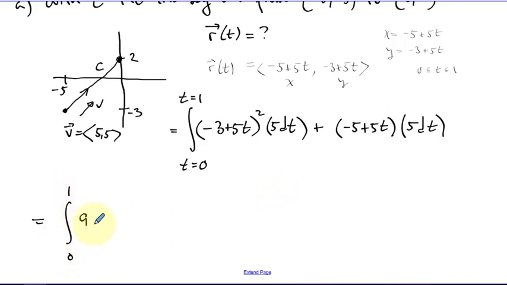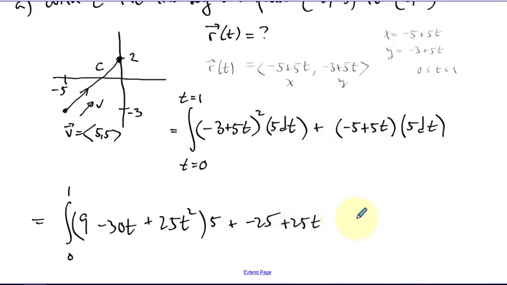This will be 9. I'm going to FOIL this out. That'll be -30t plus 25t squared. Actually, it's still times the 5. And then this will be plus, that's 5, it's a negative 25 plus 25t.